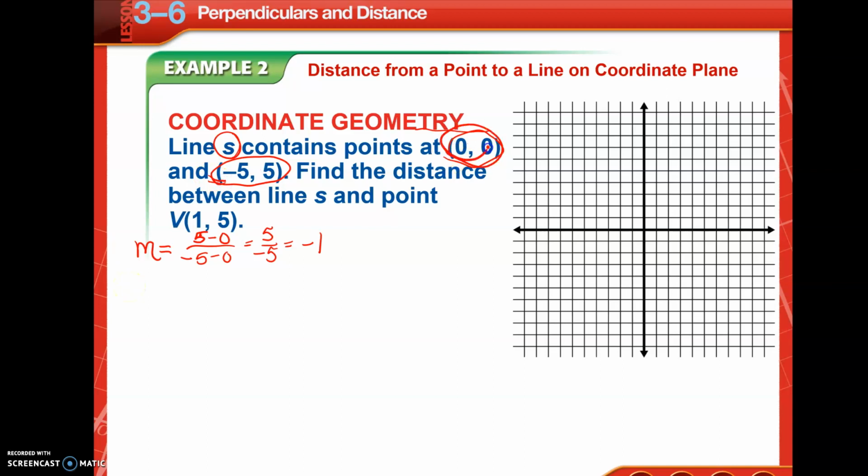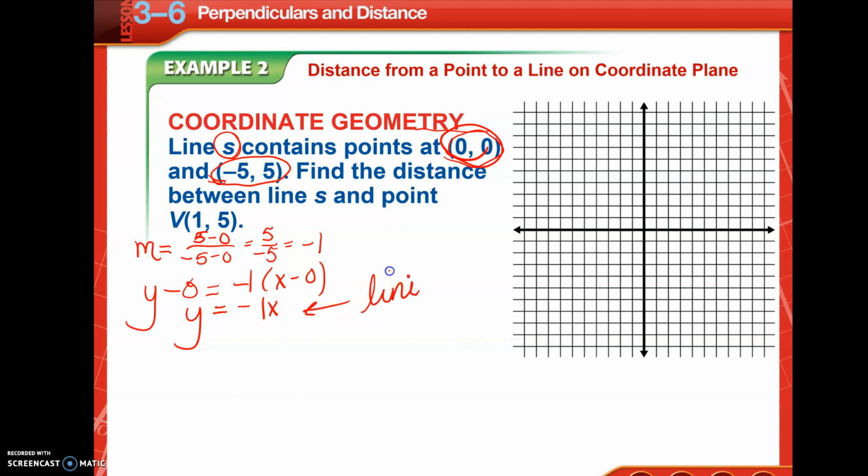Let's pick 0, 0, because that's going to be really easy. And I'm going to write my equation. So y minus the y of my point, 0, equals my slope, negative 1, times x minus the x of my point, in this case 0. So when I simplify this out, I get y equals negative 1x. So that is line S.